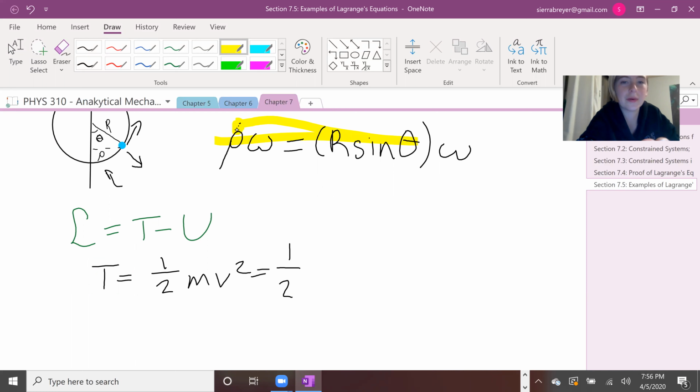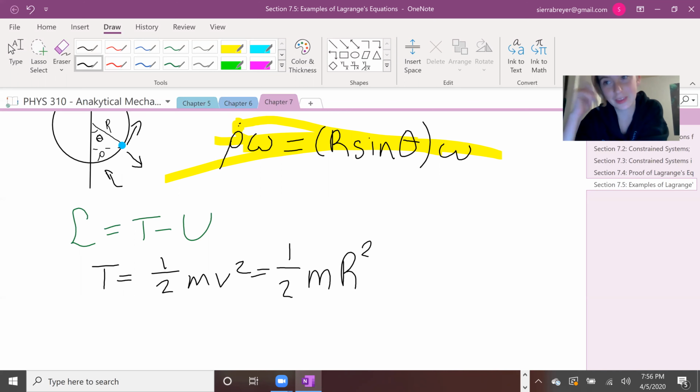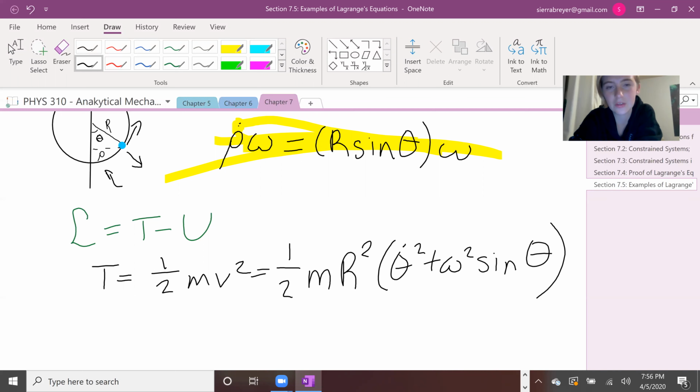I added a little dot above just so I get it right. Times that mass. Both of them are multiplied by r, so I'm going to bring out r squared. Great. And theta dot squared plus omega squared sine squared theta. Great. So that's what we need to know.